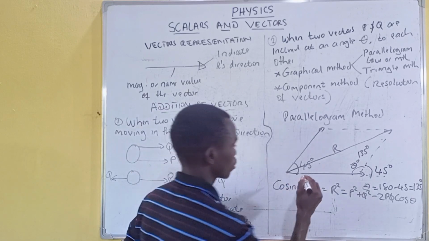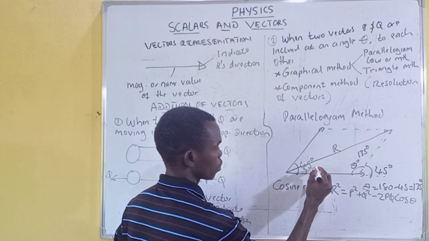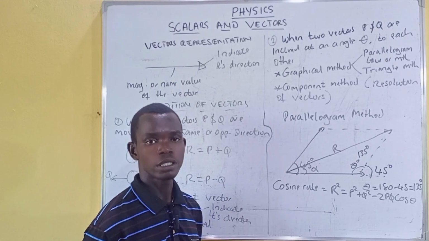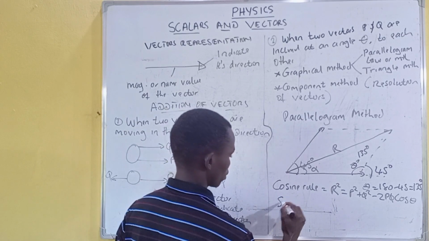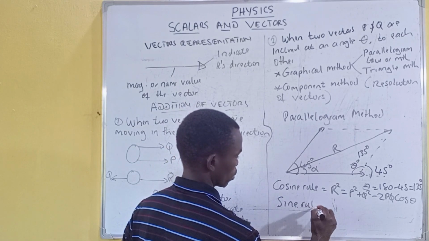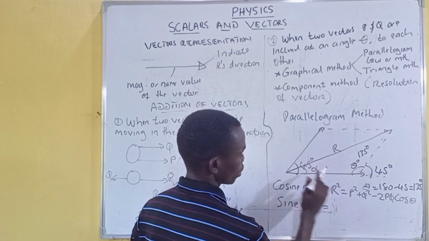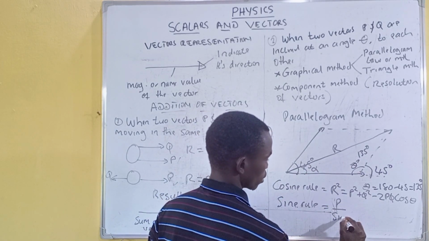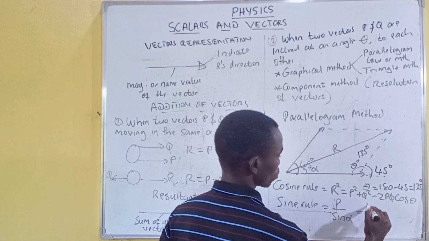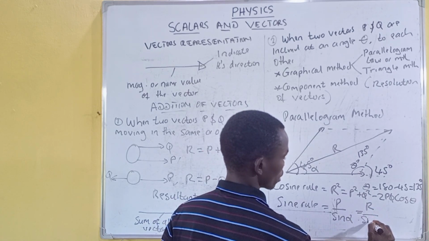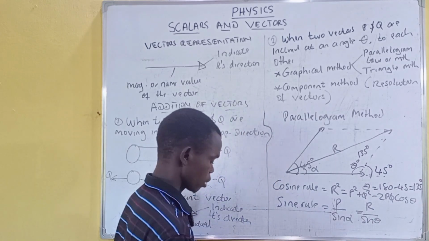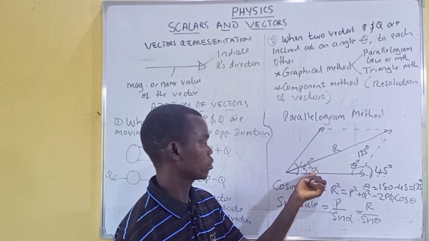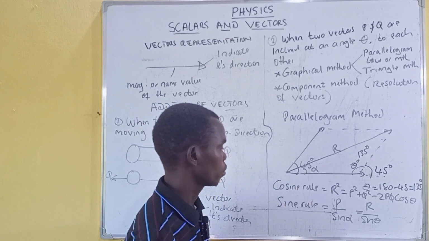While the direction of the resultant vector, alpha, can be gotten using the sine rule, which is equal to Q over sine alpha equal to the resultant over sine theta. With this, we can find the direction of the resultant vector.